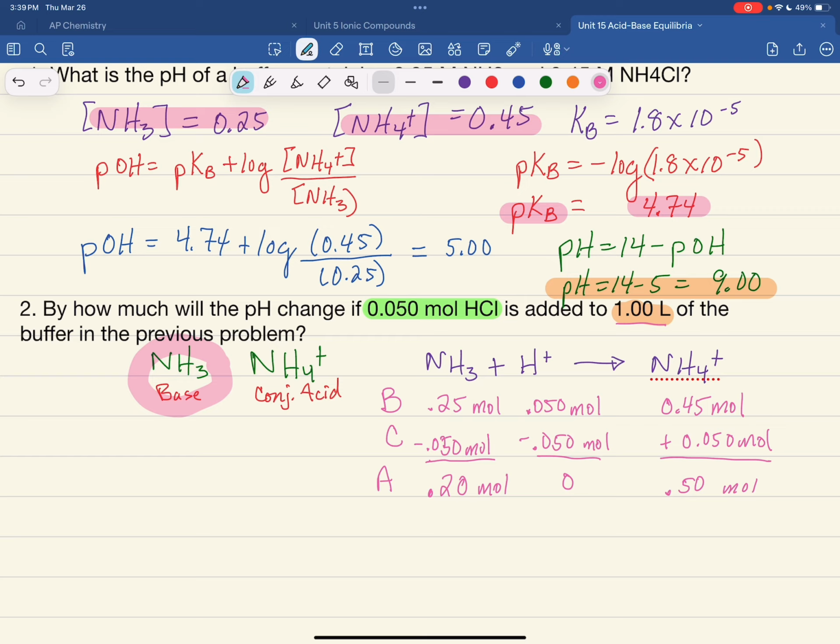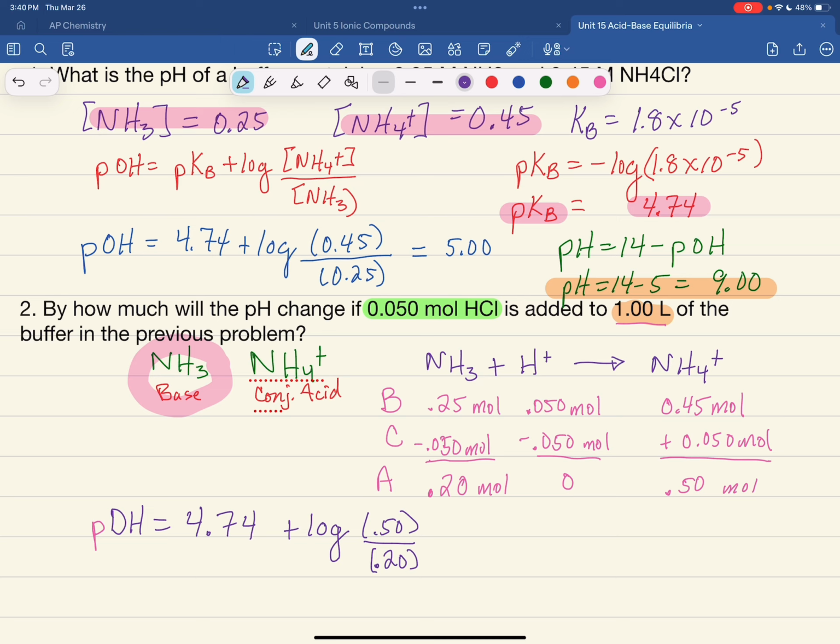Now, what we can do is go back to our Henderson-Hasselbalch equation, where we know that we have pOH. We already know our pKb, so I'm just going to leave it in there since it's the same system. Plus the log. Because this is all in 1 liter of solution, we can use moles instead of molarity, because the moles divided by volume have the same volume. So my conjugate acid now is 0.5 and my base is 0.2.